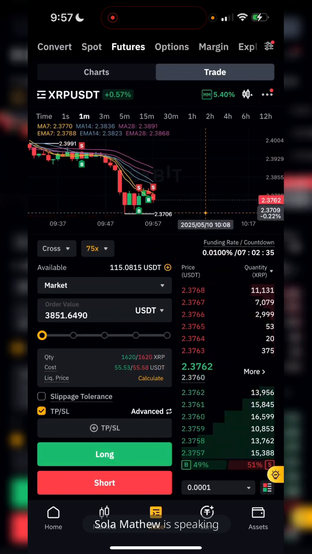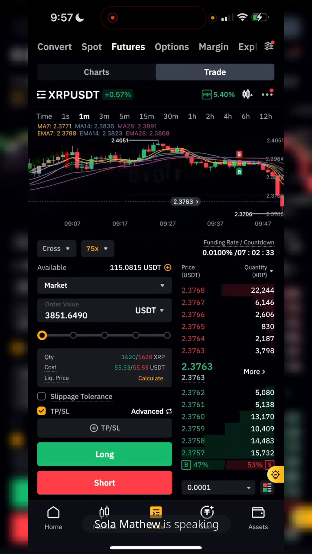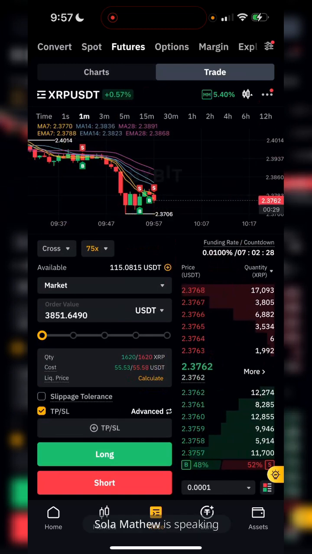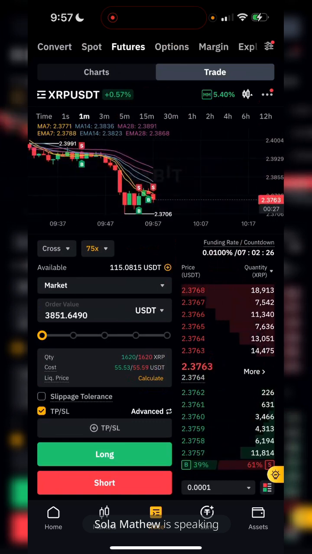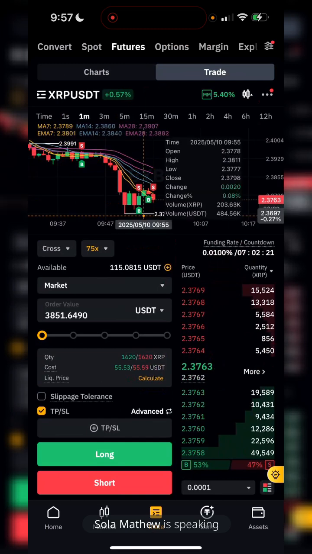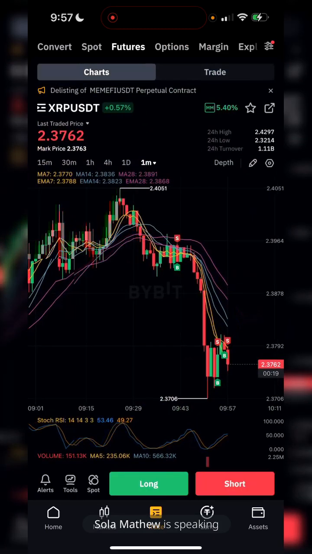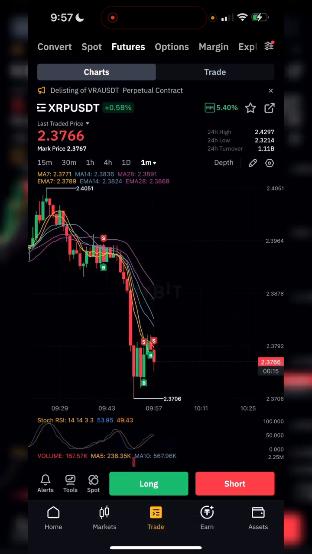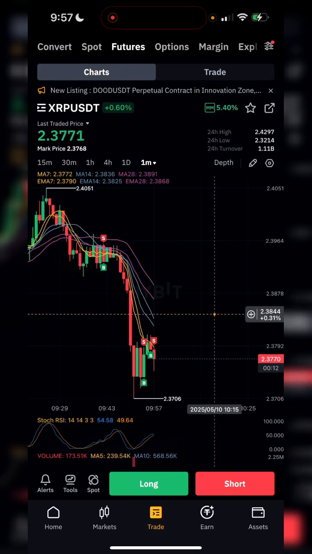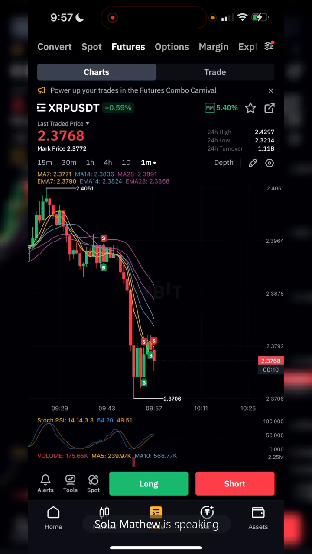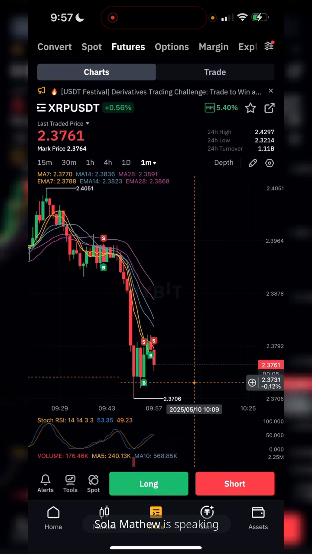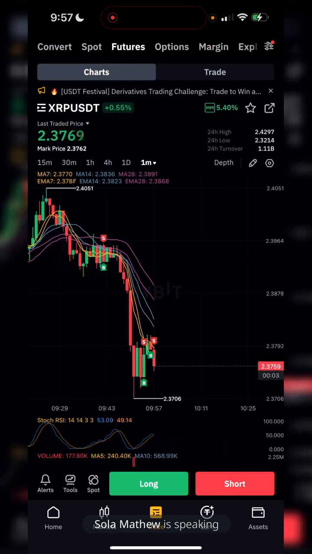Now, if this trade should come here, there is a high chance that it's going to go up again. If this trade should come down to this price point, there's a high chance that it's going to go up again because that is the resistance.